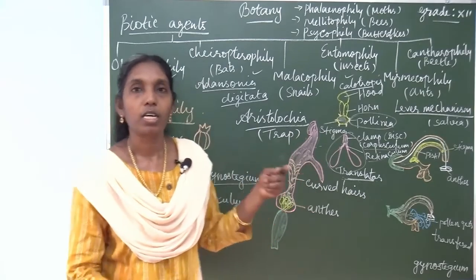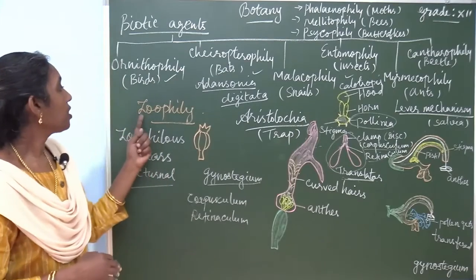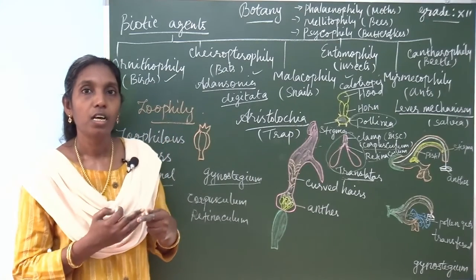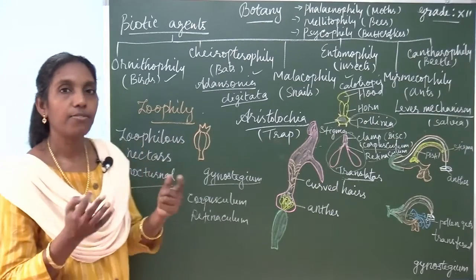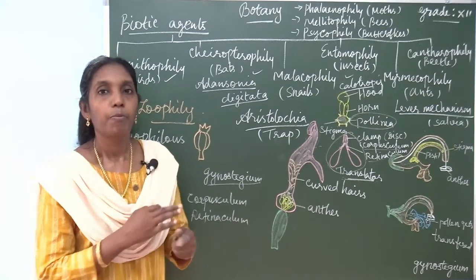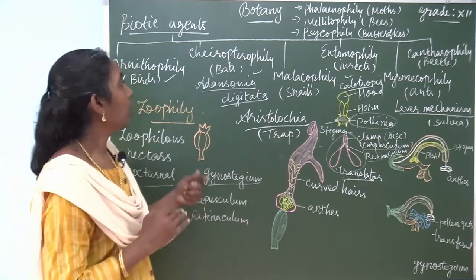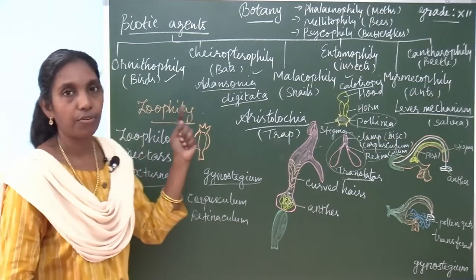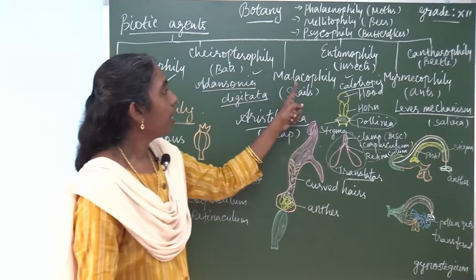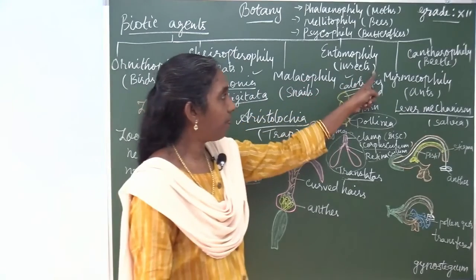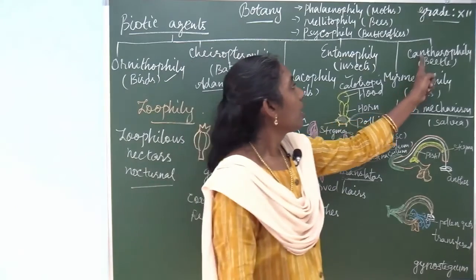Once again, let us recall the classification based on biotic agents. The topic is zoophily: pollination by the agencies of animals is called zoophily, and the flowers are said to be zoophilous. Based on the different types of animals involved, there are different classifications, namely ornithophily, chiropterophily, malacophily, entomophily, and myrmecophily, the agency of ants.